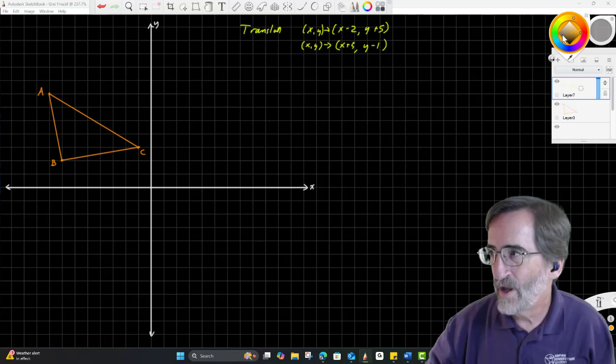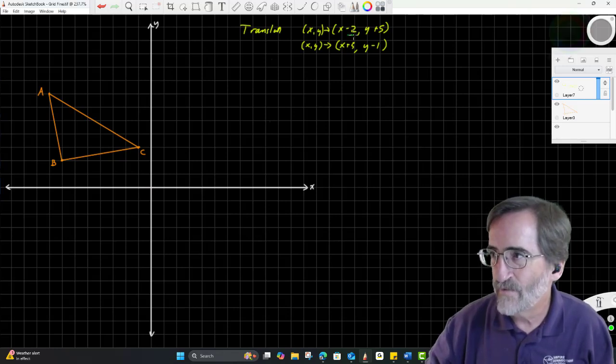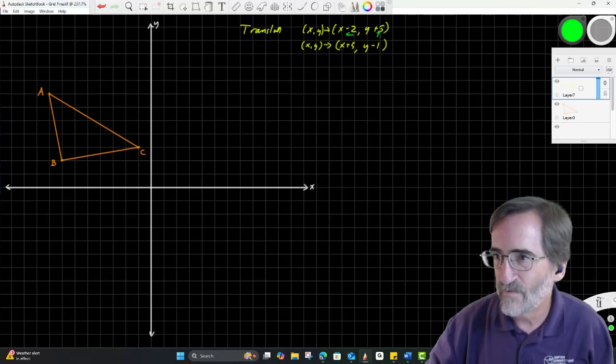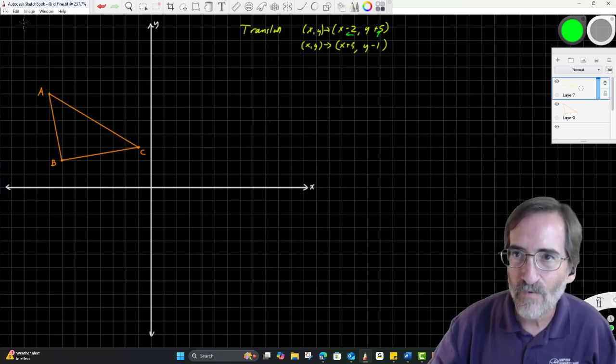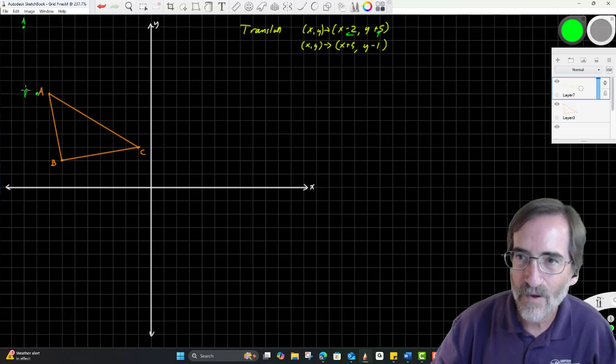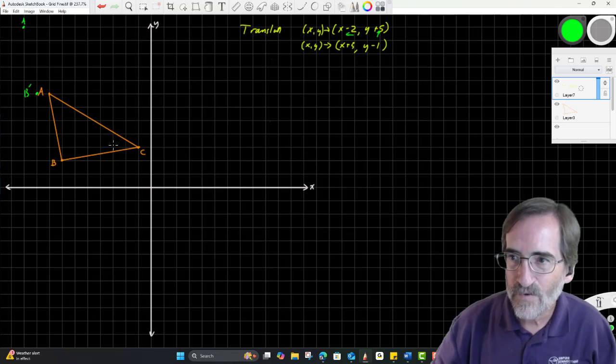You remember that x minus 2 is left 2, and y plus 5 is up 5. So left 2 and up 5, that's A prime. Left 2 and up 5, that's B prime. Left 2 and up 5, C prime.